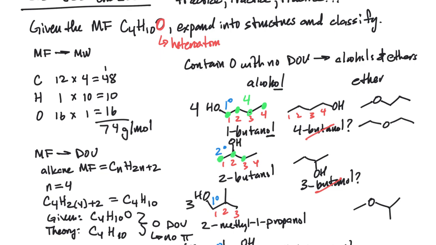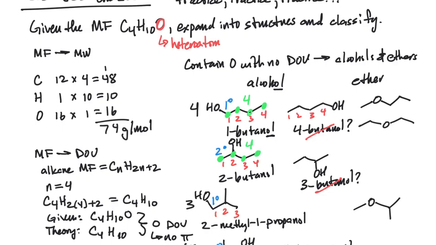Now when we get to carbon 4, it's a CH3 group. Carbon 1 was also CH3, but they're not the same because this CH3 group has a different relationship overall to that carbon bearing the OH. So here they're kind of neighbors. Here they're not so much neighbors because carbon 3 is in the middle.